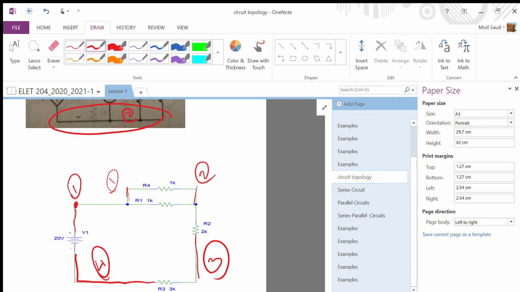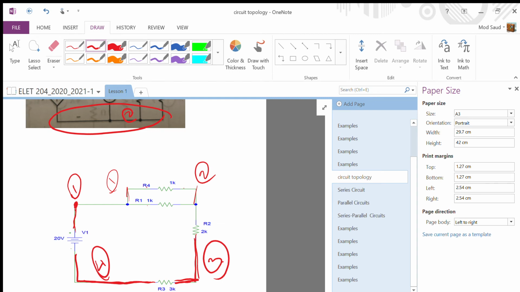And if you notice, there are some nodes only connecting two elements, node number 3 and node number 4. Other nodes connecting more than two elements, one connecting 1, 2, 3, 2 connecting 1, 2, 3. So we have two different types.